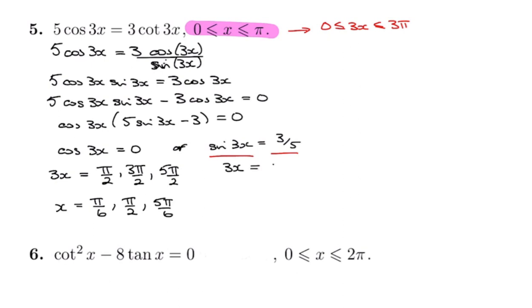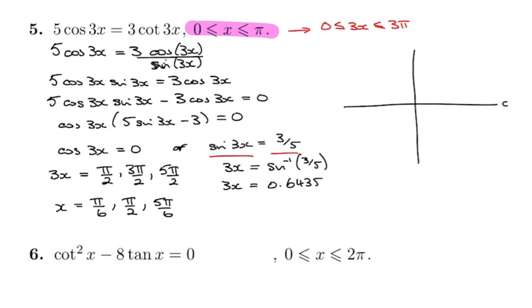And this one I'm going to use a cast diagram for. So 3x equals sine to the minus 1 of 3/5. So 3x equals 0.6435. Now remember, that's your principal angle, and that's going on our cast diagram.